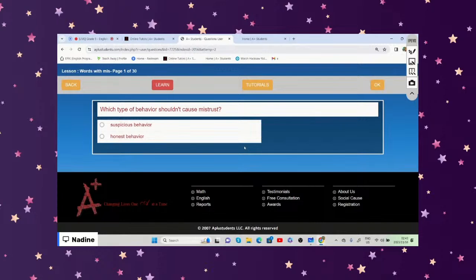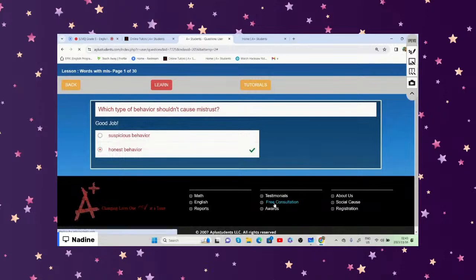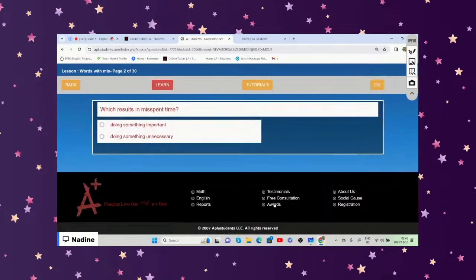Honest behavior shouldn't cause mistrust, because if you are being honest, then there will be no form of mistrust at all.